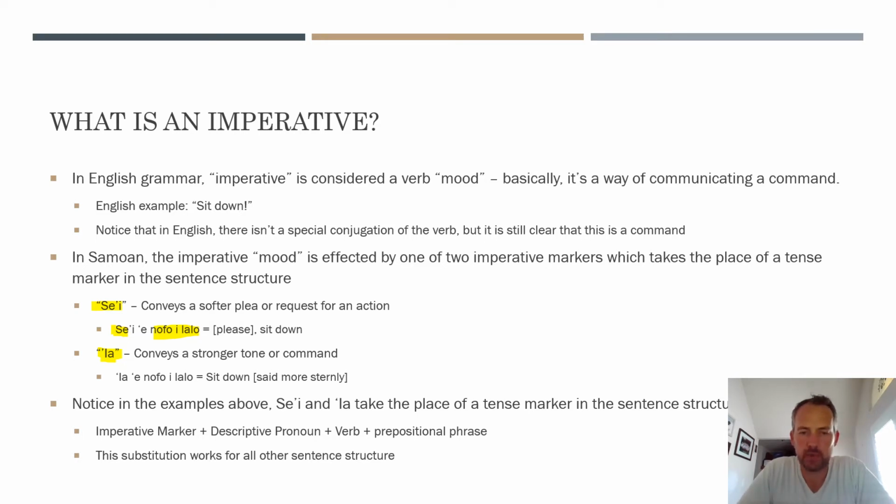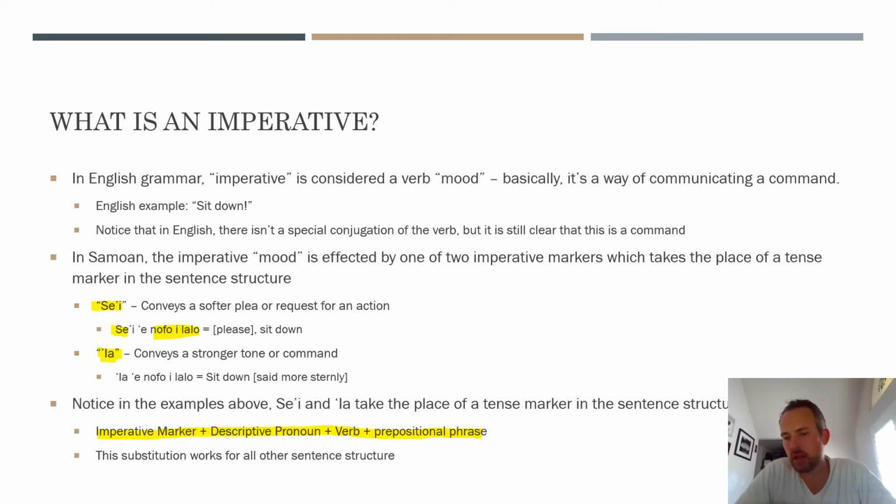So anyway, like I said before, the sentence structure that you would use here is consistent with the descriptive pronoun verb sentence structure that you've heard before, which is tense marker, descriptive pronoun, verb, plus prepositional phrase, except now, instead of a tense marker, you're using the imperative marker.